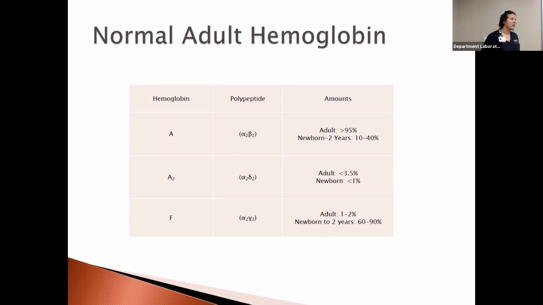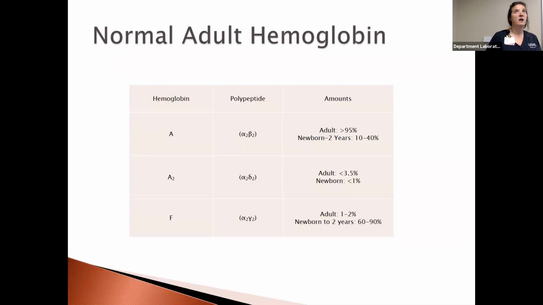All right, it's called a 4-gene deletion, no alpha chains, hydrops fetalis. Some of you guys might have heard of. The fetus might be born, but he will not last very long. All right, so that's the most severe case, and that would be severe, what we would see on the peripheral smear, severe hypochromic microcytic cells.